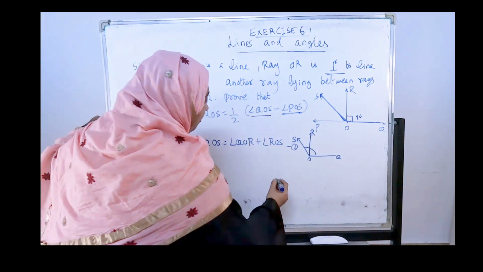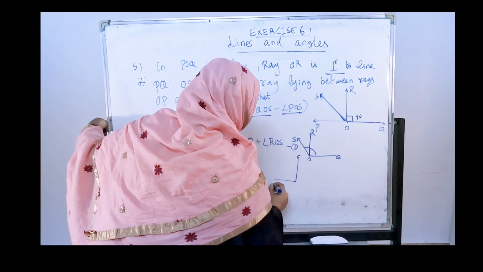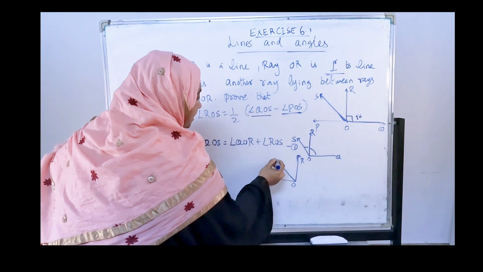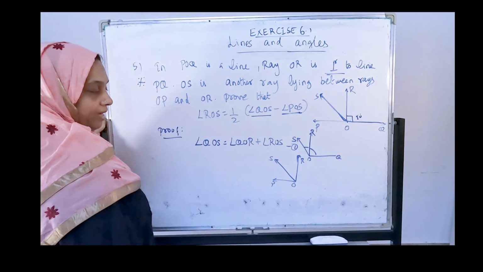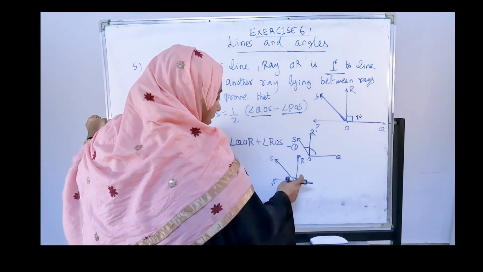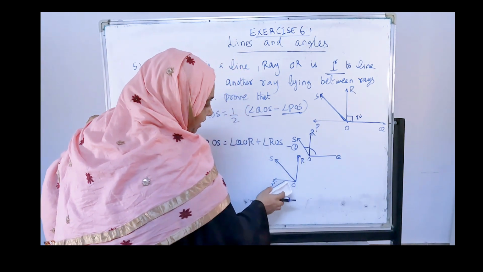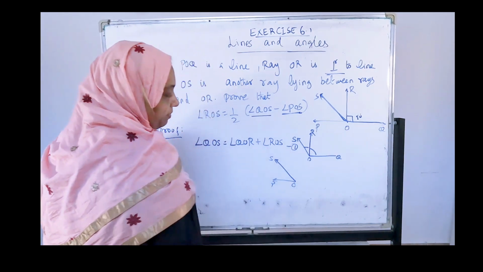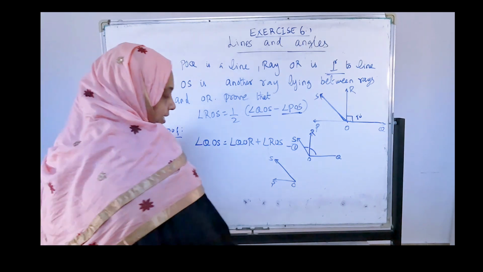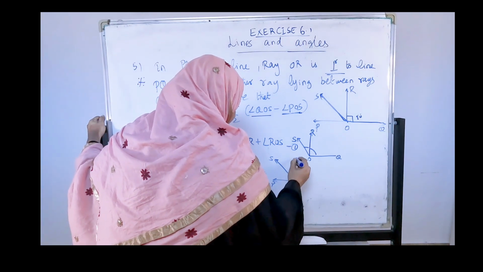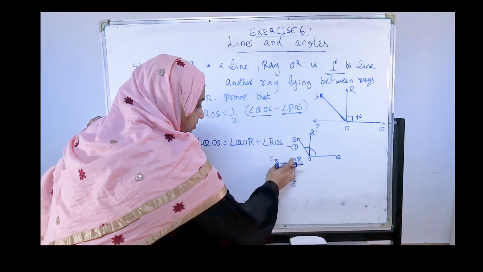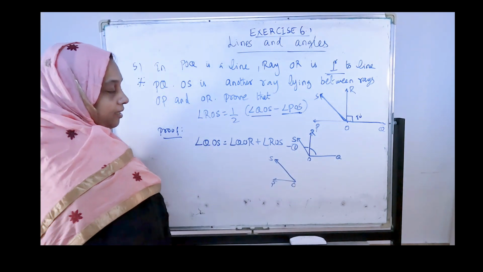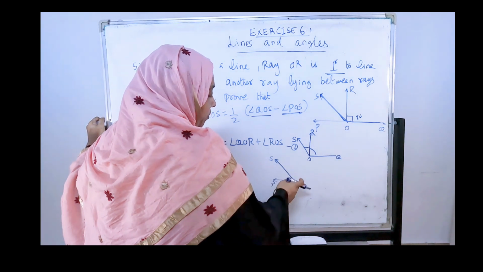Okay, in that angle POR, S is here. How will I get the POS only? From the angle POR, if I am subtracting this ROS, I will get POS. Understand? From the angle POR, if I am subtracting SOR, that time we will get POS.